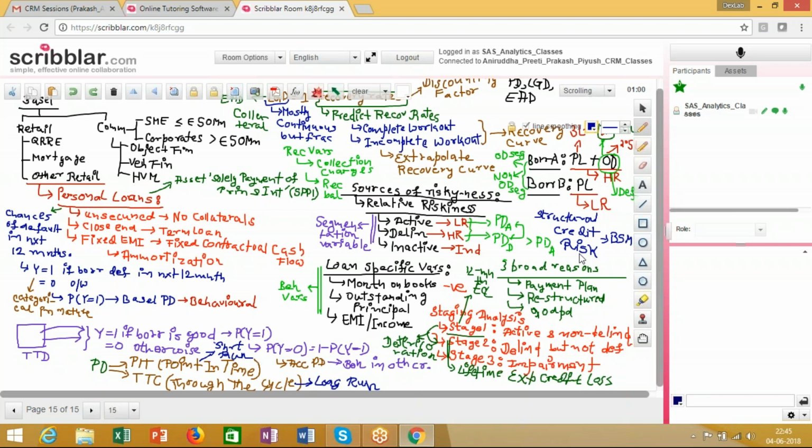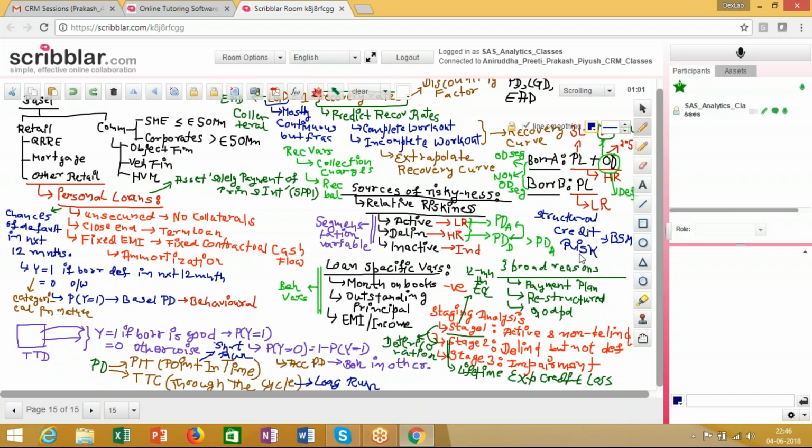It does not just mathematically solve for the probability, but it also helps us capture those variables which impact a through the cycle PD, and how the through the cycle PD can be converted into a point in time PD, because for provisioning models we will require the point in time PD. Clear? That is precisely the next question.